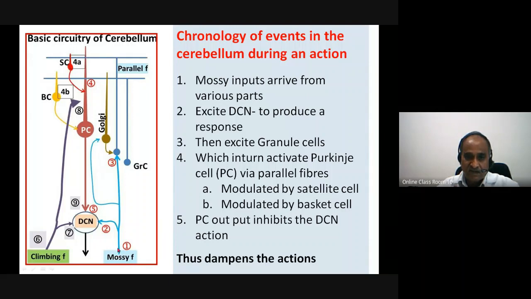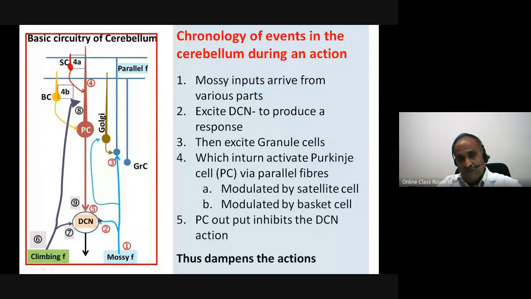So this is the Mossy input, number one. I've just numbered them. Number two, excite the deep cerebellar nucleus to produce a response. This will stimulate the deep cerebellar nucleus, and that would produce the response. That means it enhances the activity.